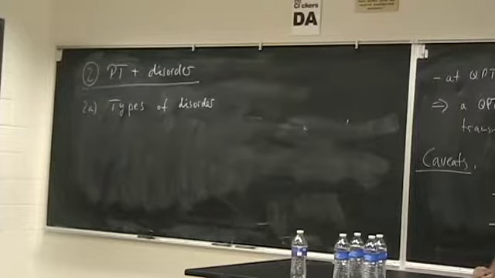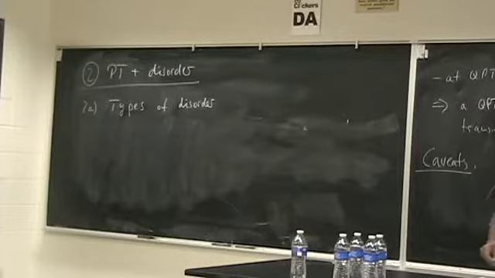Could be impurity atoms, right? Longer extended defects, right? And there could be grain boundaries or something like this. So there are lots of microscopic reasons that could produce disorder.